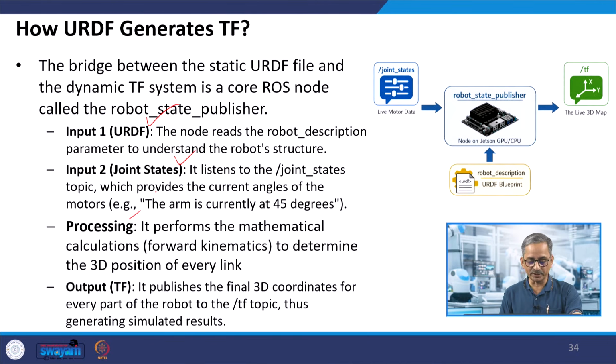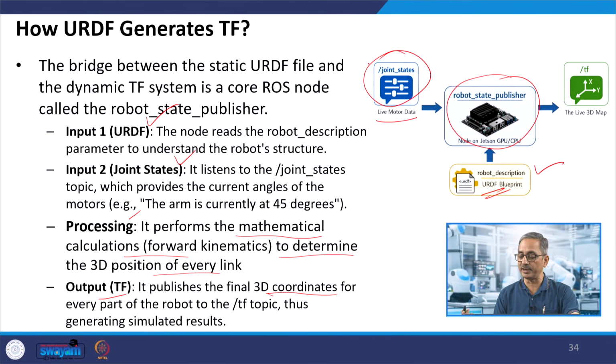Then you have the processing, where you do the mathematical calculations, say forward kinematics, which we will be seeing in the next week's lectures, to determine the 3D position of every link. Then we have the output, which publishes the 3D coordinates. So basically, in the robot state publisher, the input is the robot description, which is the URDF blueprint, and the live motor data, which is the joint state, and the output you will be getting is the live 3D map.